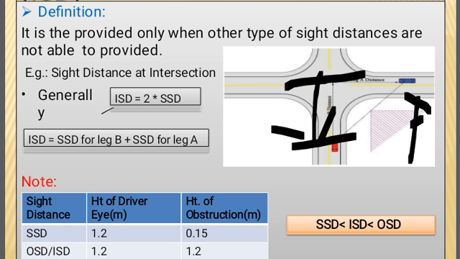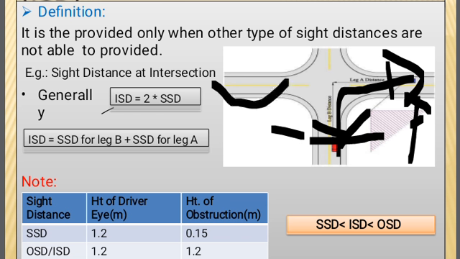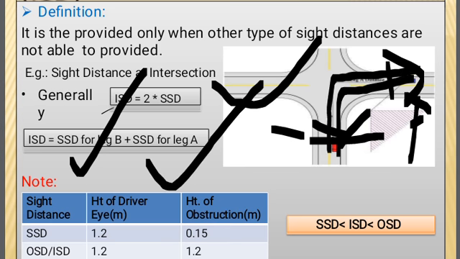The addition of these two stopping sight distances gives the intermediate sight distance. It means intermediate sight distance is equal to twice the stopping sight distance, that is, the addition of the stopping sight distances for leg B and leg A.